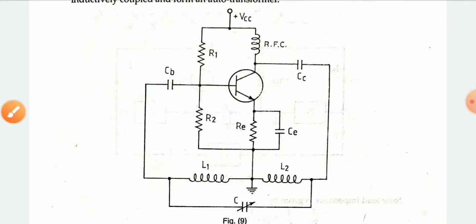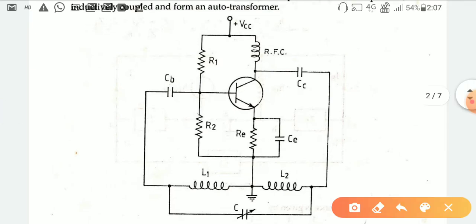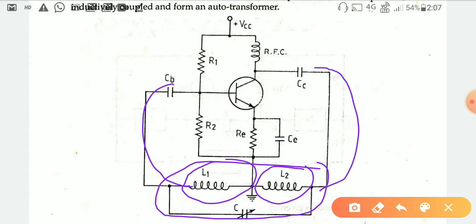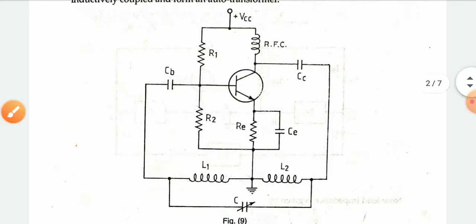In the equivalent circuit for the voltage divider, this section is extra added: XL is connected with the base terminal via CB. So the input side inductance is defined by L1, and L2 is connected via CC to the collector side, which indicates the output side impedance.